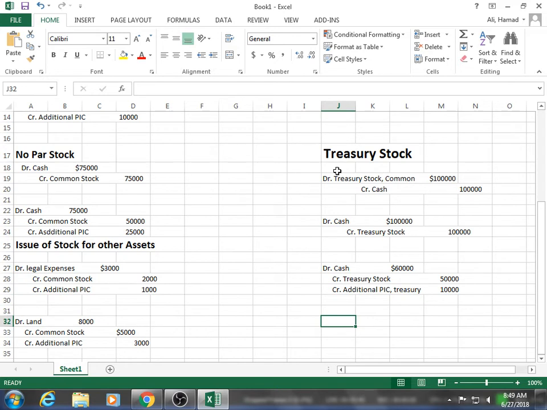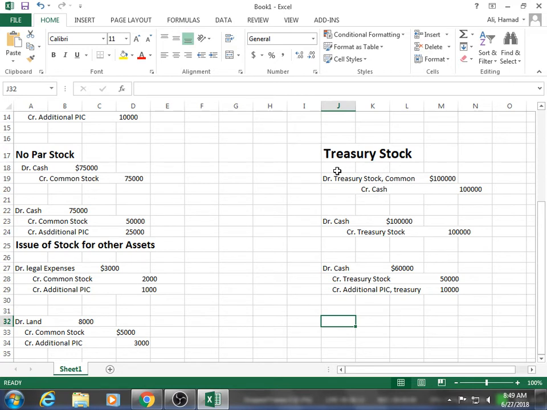So with that in mind, let's look at the next transaction. Sale of treasury shares below cost. On December 15, on page 508, Kodak sells its remaining 1,000 shares for $38 per share.